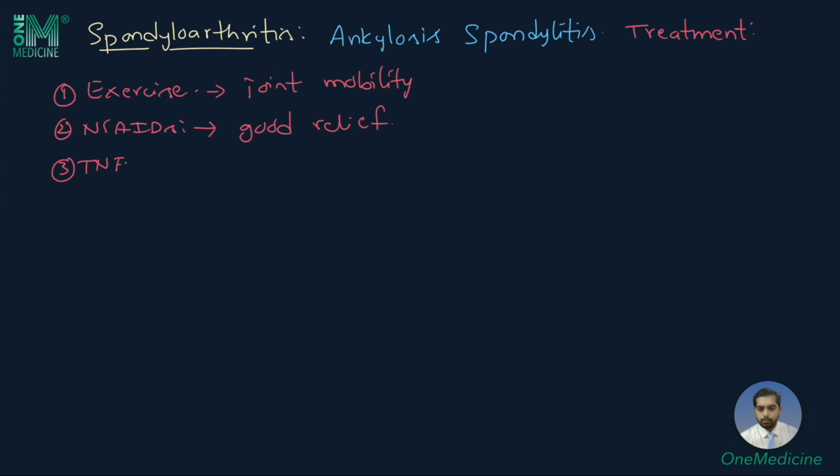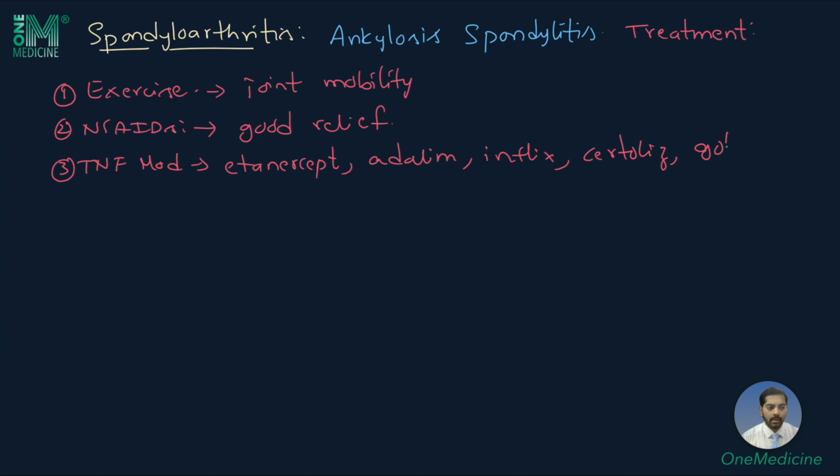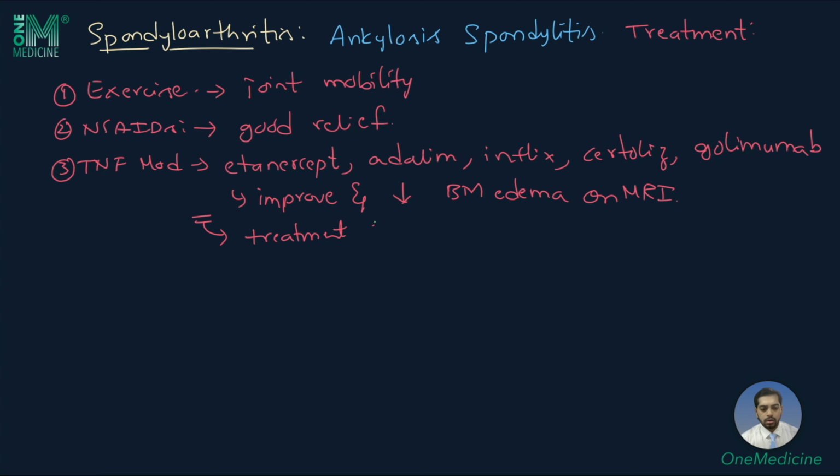TNF modulators including etanercept, adalimumab, infliximab, certolizumab, and golimumab are found to improve disease function and reduce bone marrow edema on MRI, and they are generally used in patients with treatment failure after at least 2 NSAID trials.